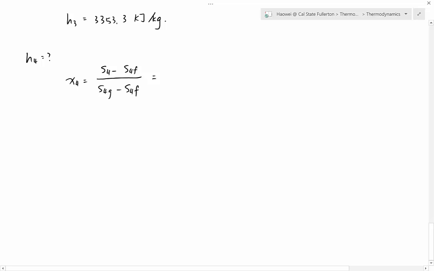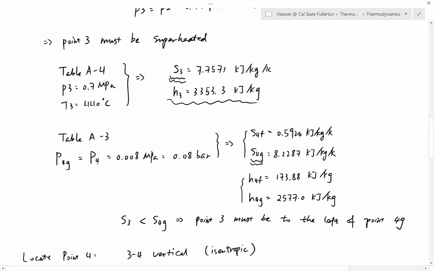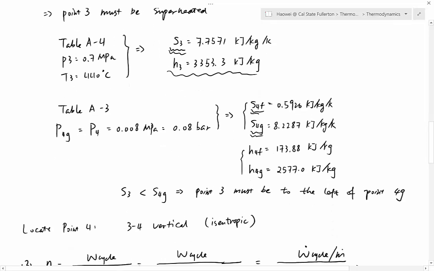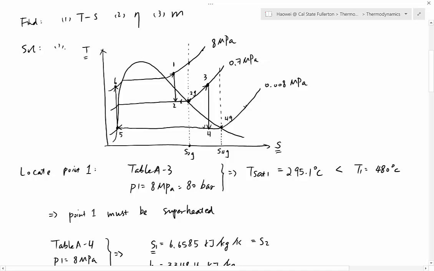Okay, did we find S4F and S4G? Let's take a look. Yes, we found S4F and S4G, so I don't need to worry about those. What about S4? Do we have S4? Not really, but let's do this again. 3 to 4 is a vertical line, so they must have the same x coordinate.